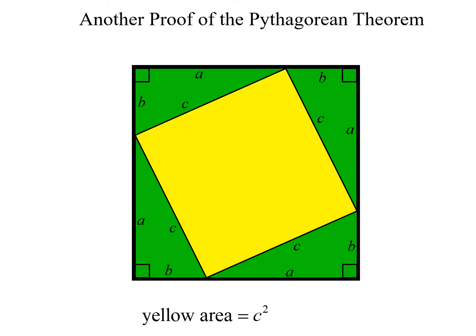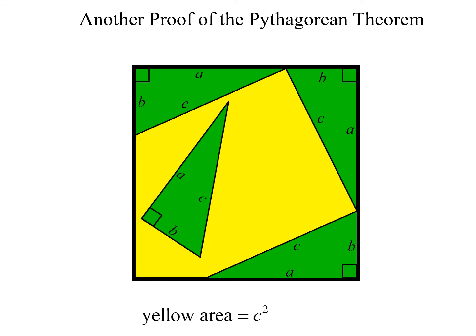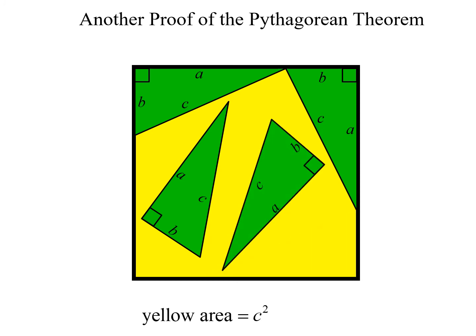So let's do that. The yellow area is c squared. Okay. I'll move some things again. The yellow area is c squared. Let's do it again.